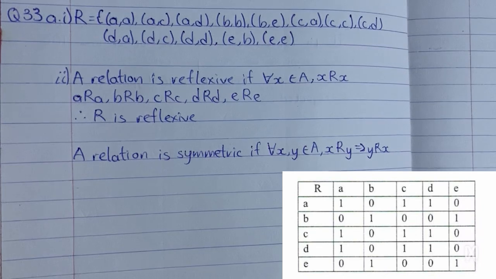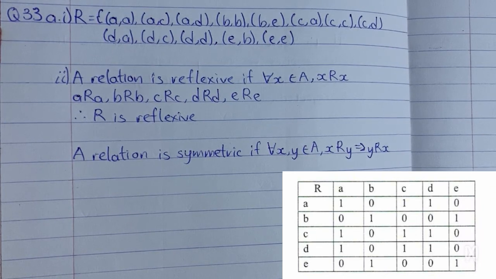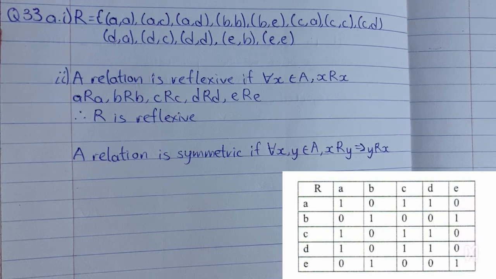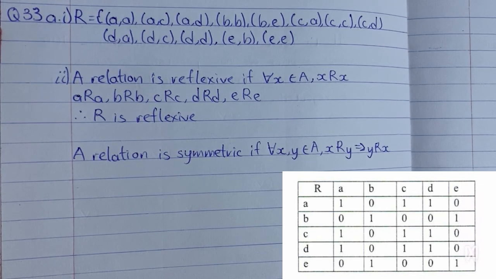We can see from our relation that A relates to C, therefore C relates to A. A relates to D, and there's D relating to A. B relates to E, and there is E relating to B. C relates to D, and there is D relating to C. So it means that our relation R is symmetric.